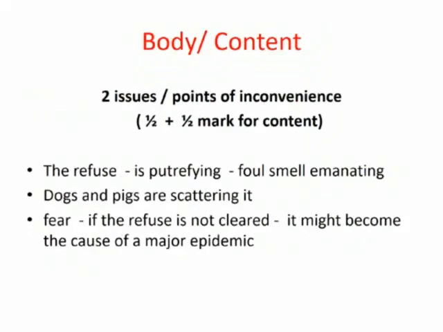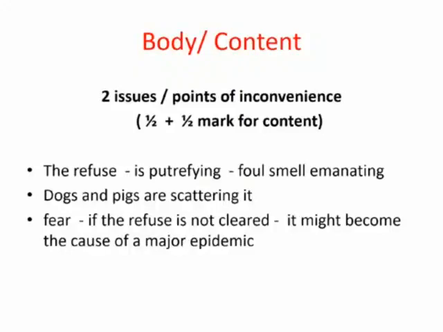Then comes the body of the letter, the content of the letter. And remember, I mentioned 2 issues or 2 points of inconvenience according to the topic, according to the question of the letter, for which you are given half a mark each. So what could be our 2 issues regarding the dumping of refuse near to my house? The refuse is putrefying. A foul smell is emanating.